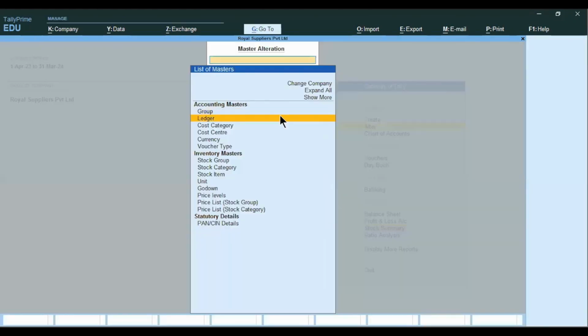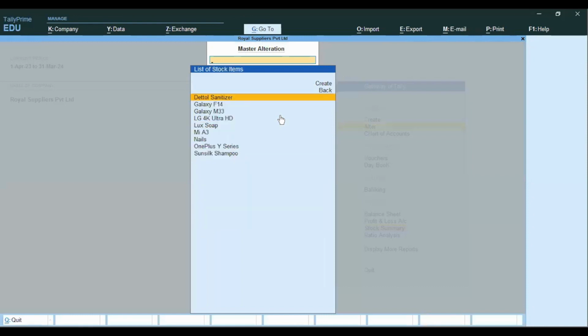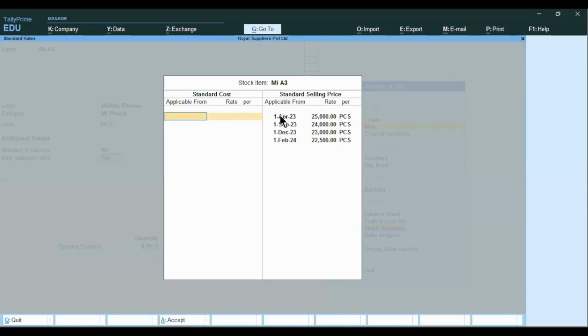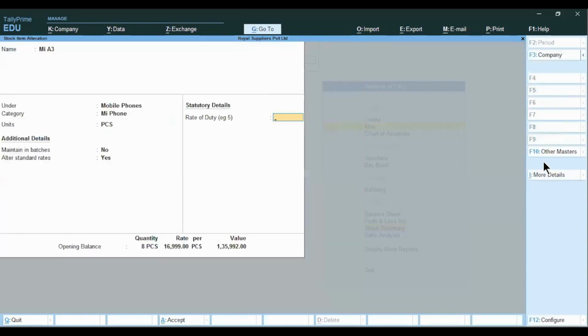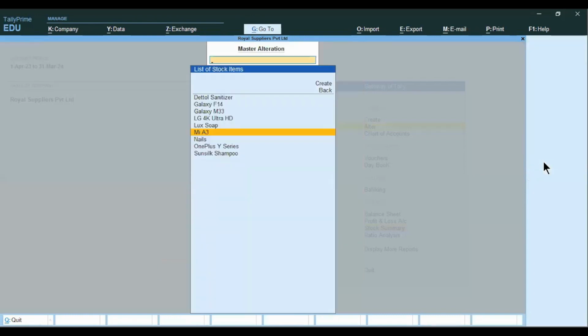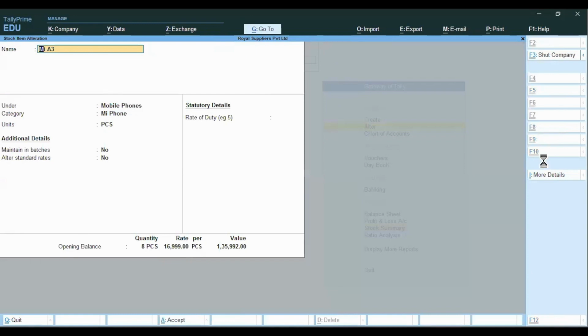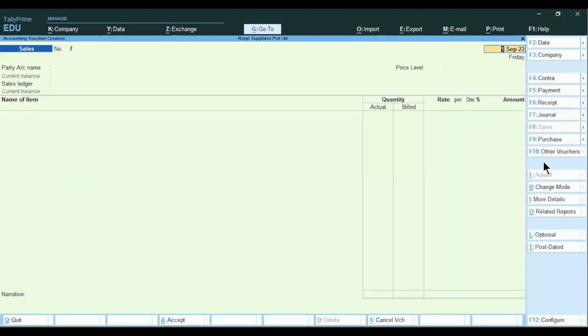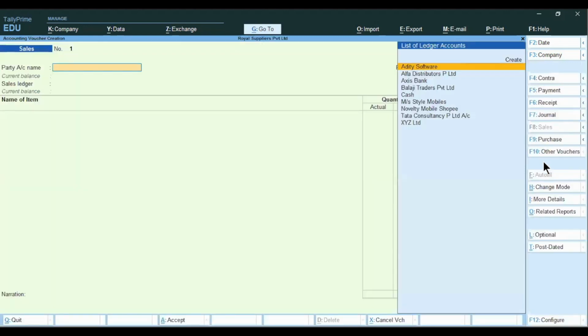Just alter the screen of stock item MIA3, standard rate 1st of April 23. It will be 25,000 per piece. I'm pressing enter on my keyboard. Control A, Control A. Voucher from 1st of April.